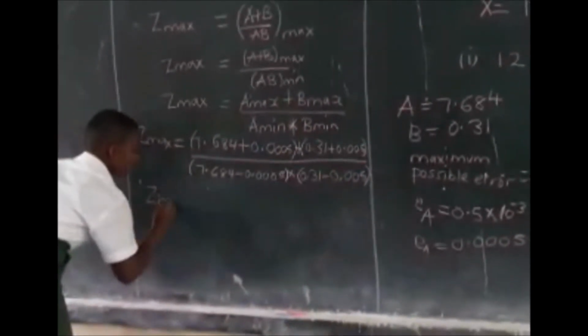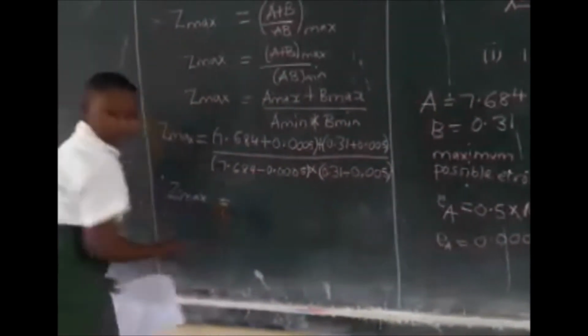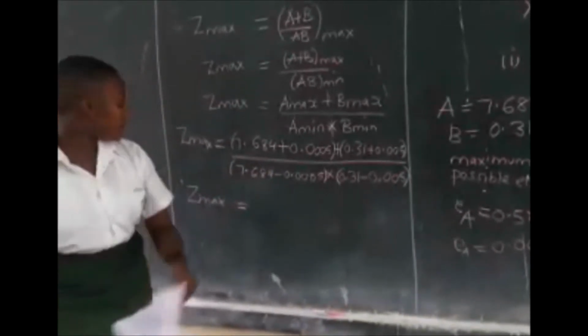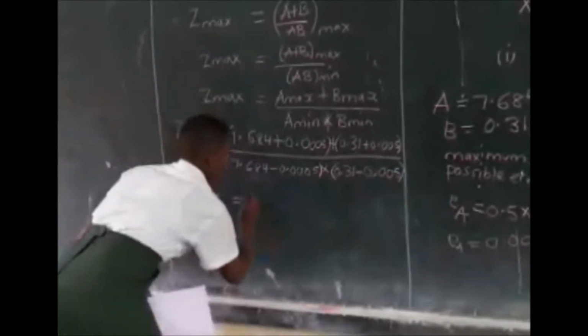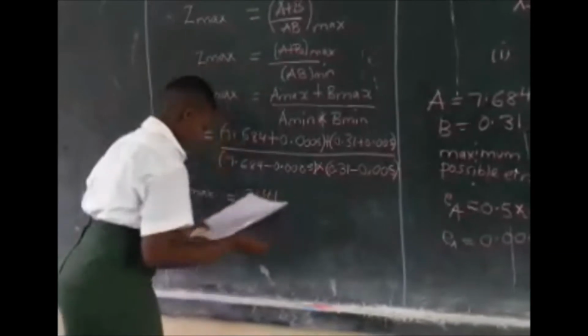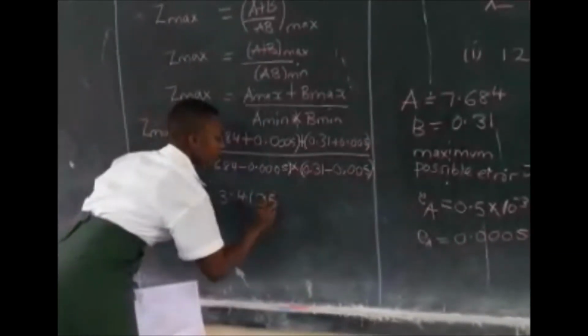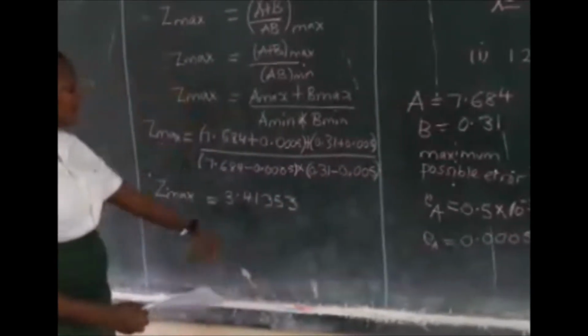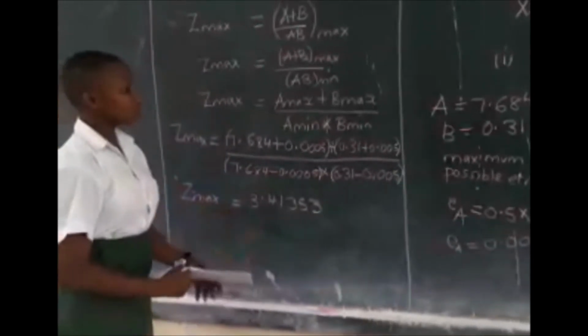So our Z max is going to be equal to 3.41353. This is going to be our value for Z max.